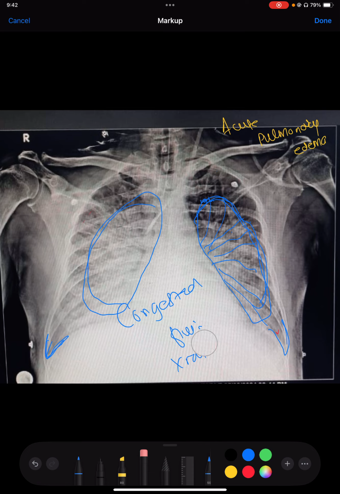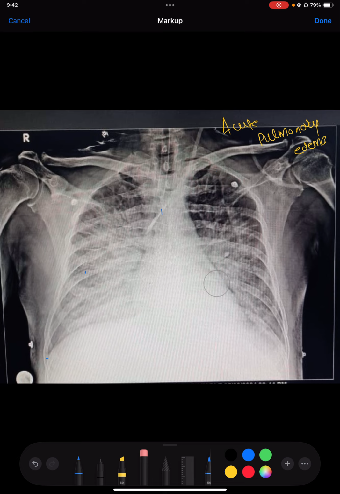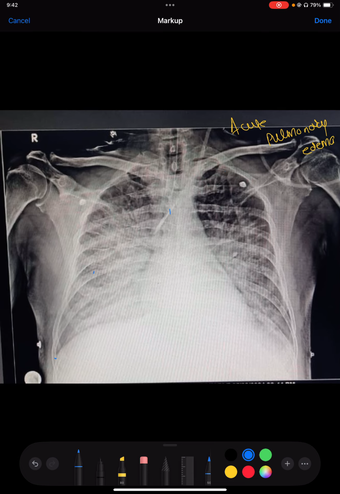The other differential diagnosis of such things is viral pneumonia. But acute pulmonary edema usually appears very fast.